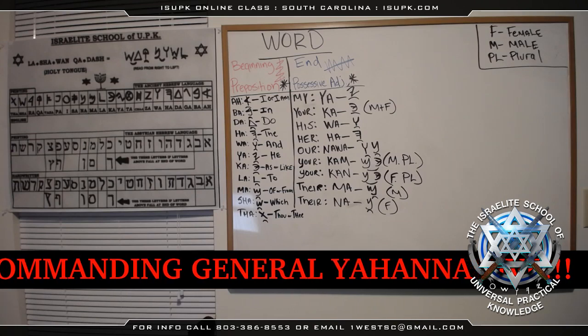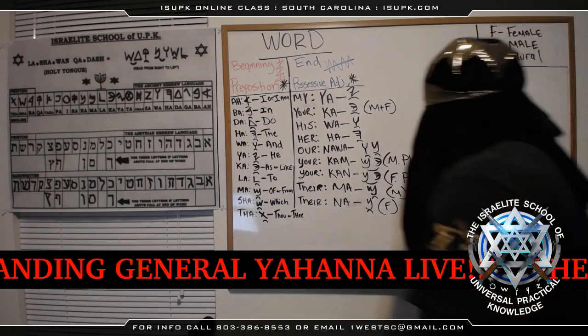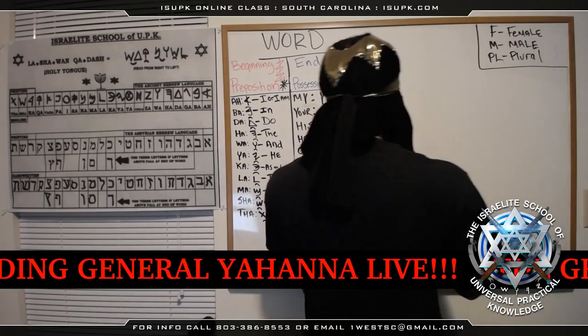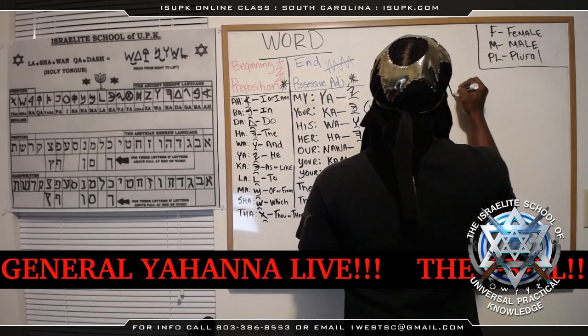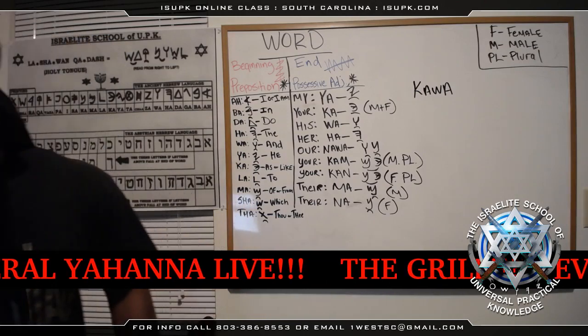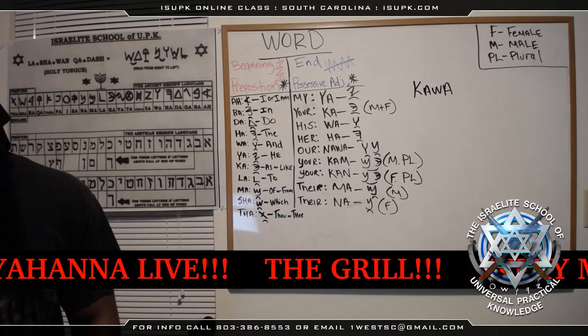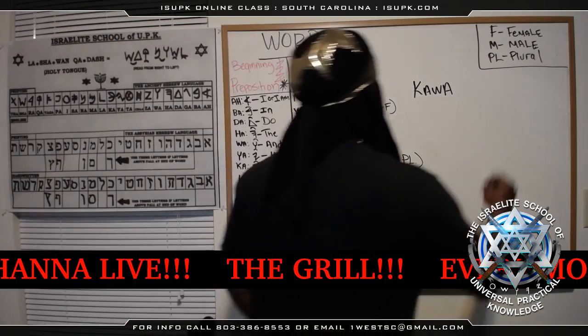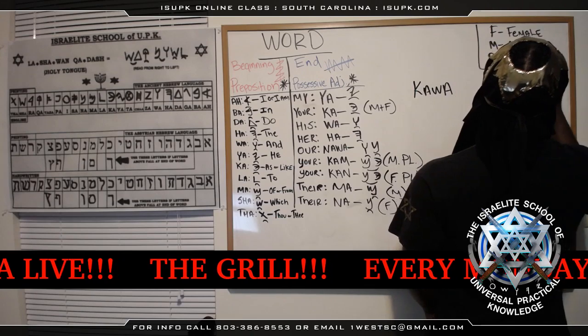So how do we say as it is in heaven? We say it this way, right here. It's going to be kawa. Follow along. So we have kawa, which means as. We have haya, which means be.